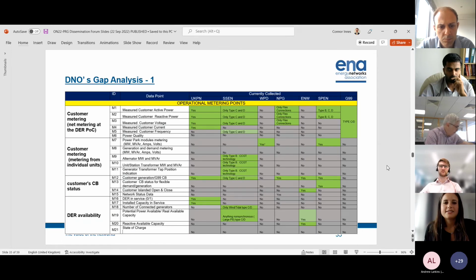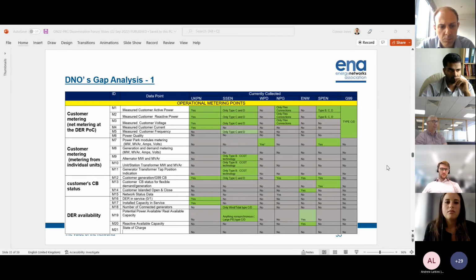Good. So this table is the combined aggregated data point list, which is broken down into categories. The first category is customer metering, so the net metering at the point of connection. The next one is metering from individual units. This is the scenario where the site is a power generating facility made up of several power generating modules.